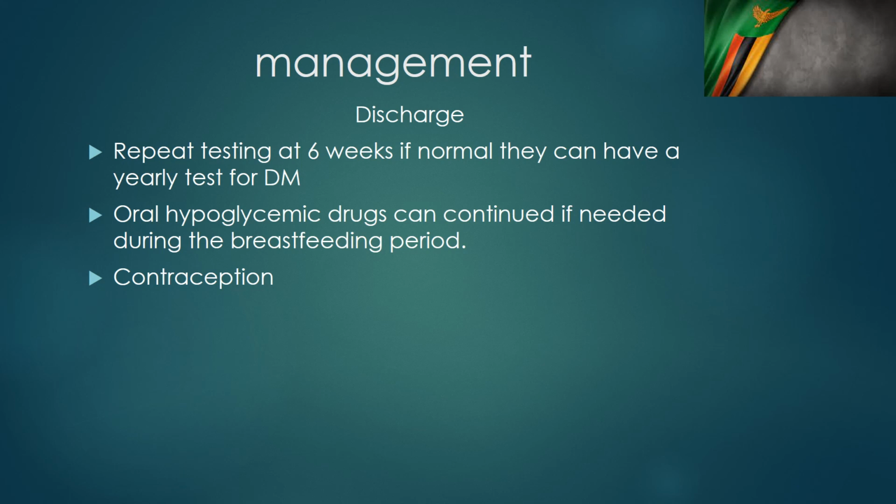It's important to discuss contraception for these women so that they don't fall pregnant early, because they would need to plan for their pregnancies and also have their sugars checked before they become pregnant, because hyperglycemia early in pregnancy is a risk for congenital abnormalities and chromosomal abnormality issues. So it's important that contraception is advised for these women after they have been discharged.